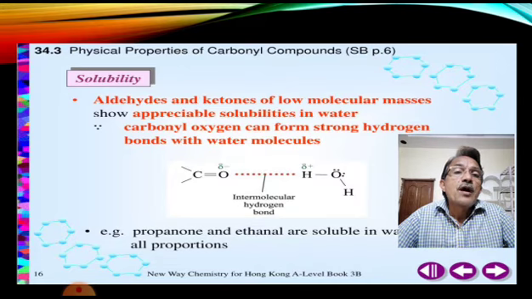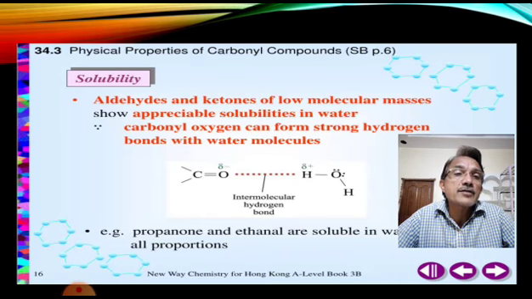So aldehydes and ketones are highly soluble in water, because molecules of carbonyl compounds can form hydrogen bonds with water molecules due to the possibility of formation of intermolecular hydrogen bonds.